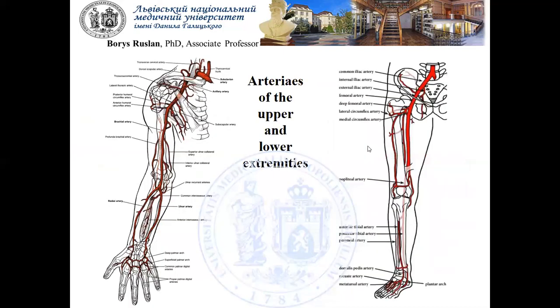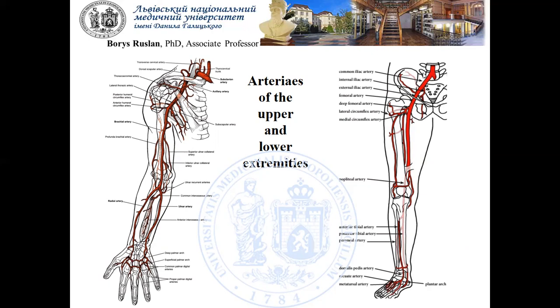Okay, and what about the arteries of the upper and lower limbs? You can see here the subclavian artery, axillary artery, brachial artery, radial and ulnar arteries, and the deep and superficial palmar arches, which supply blood to the hands.